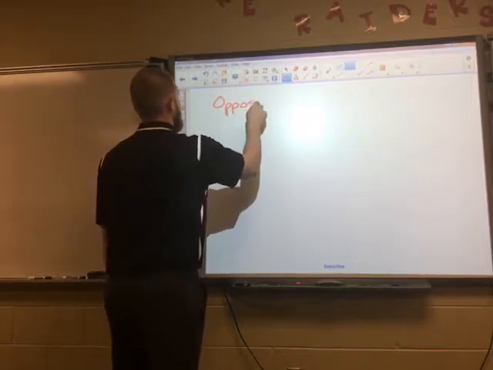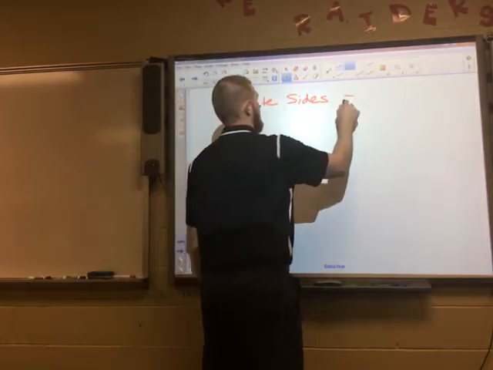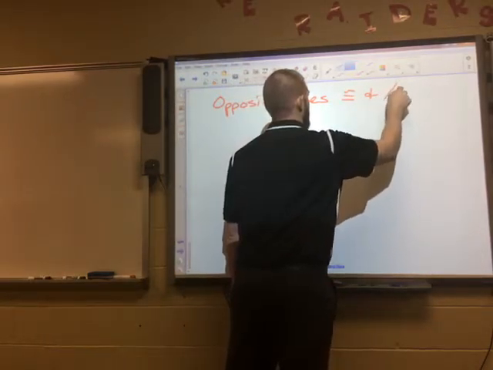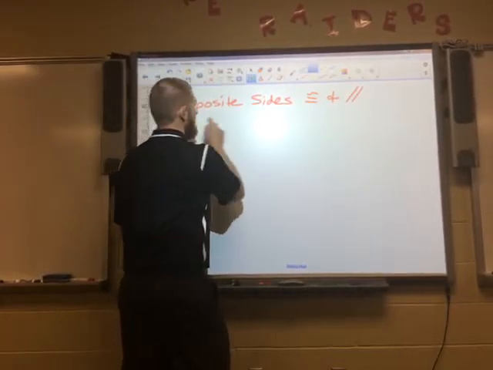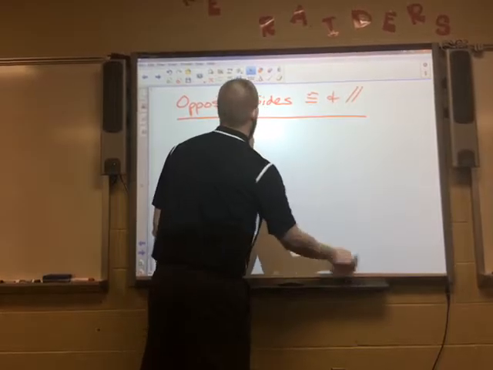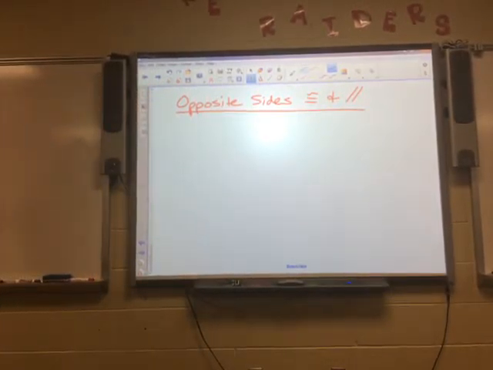It's called opposite sides, congruent, and parallel. What do you suppose is going to happen in this theorem? Opposite sides are going to be congruent and parallel, right?